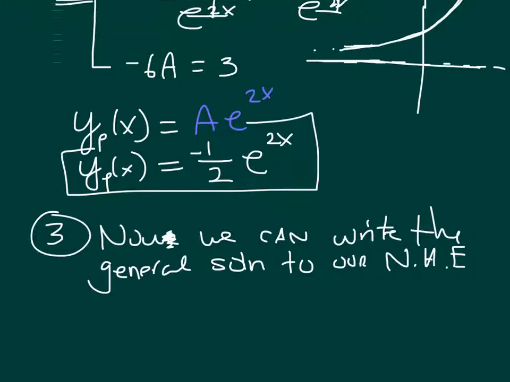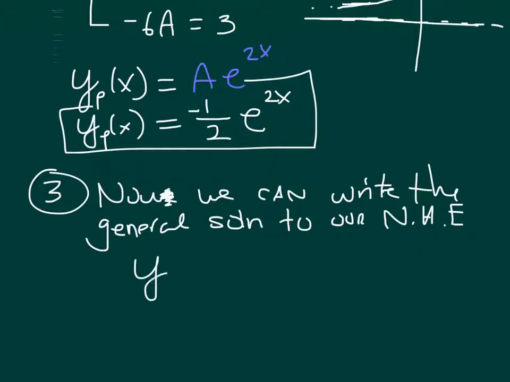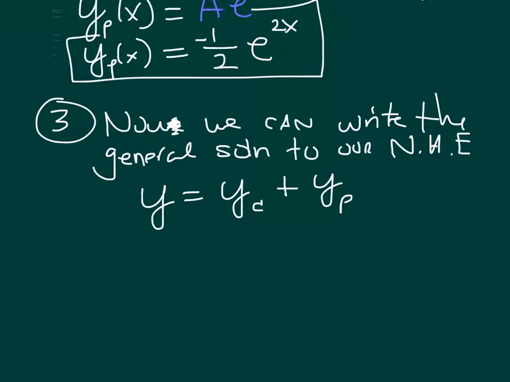So our final solution: we have y equals y sub c, our complementary solution, plus y sub p, a particular one. And we have y equals, and then our y sub c from our characteristic equation was c1 e to the 4x plus c2 e to the -x.